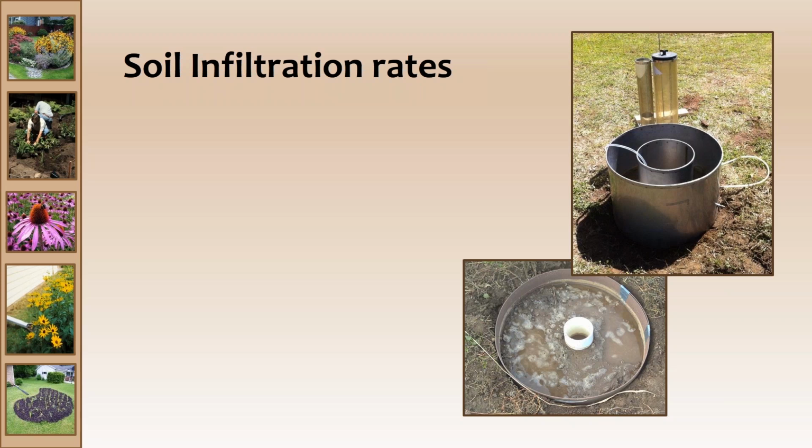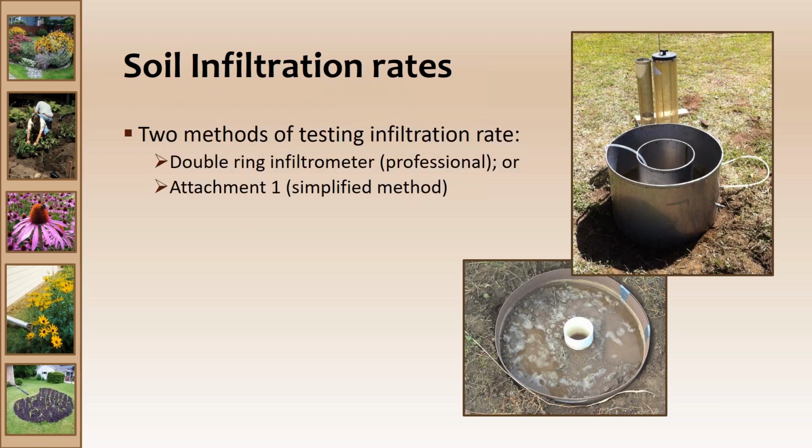If you don't do the soil texture analysis, then you need to do an infiltration rate. There are two methods of infiltration testing that we allow in the standard. One is through a double ring infiltrometer, which pretty much has to be done by a professional.